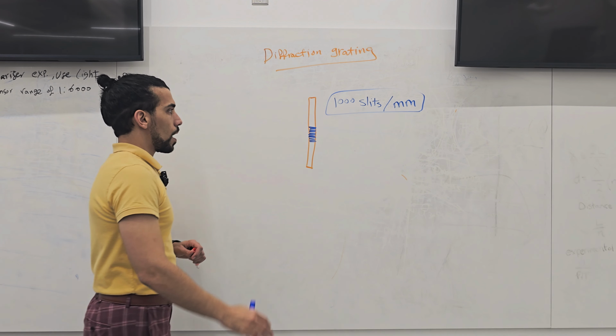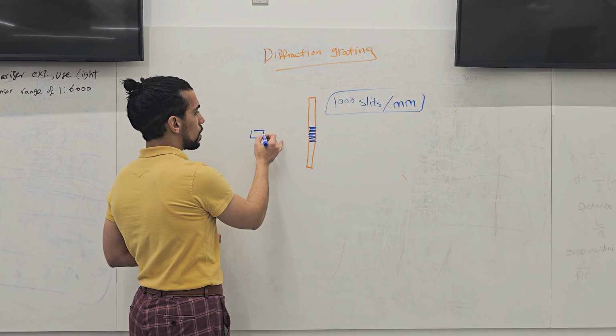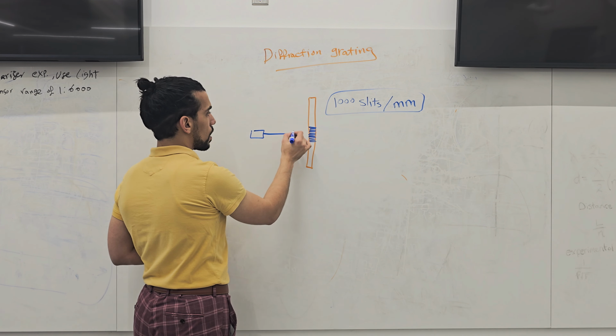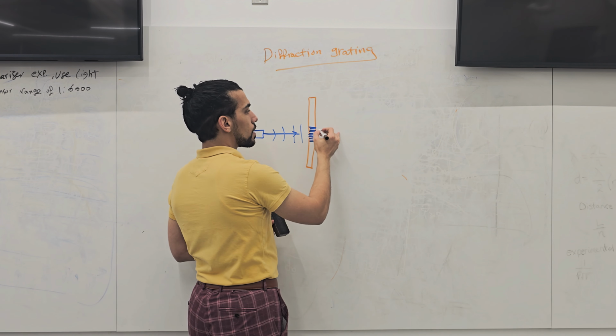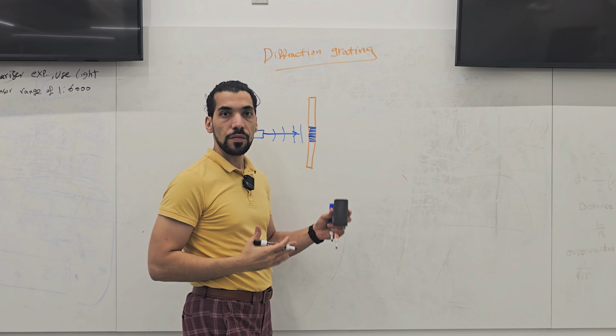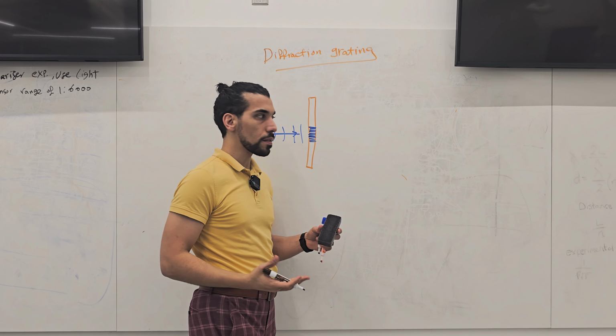And what happens here is that when the light propagates inside this diffraction grating, it is going to create constructive and destructive interference for different wavelengths.